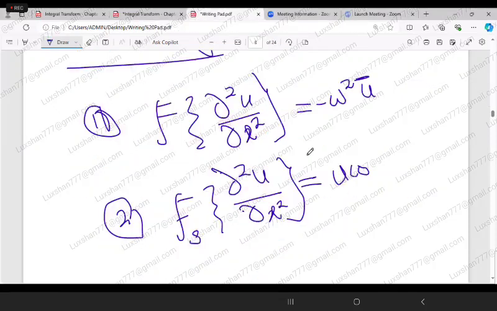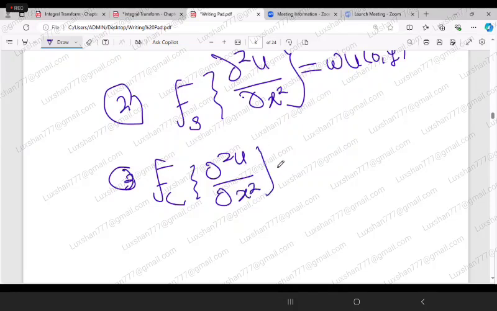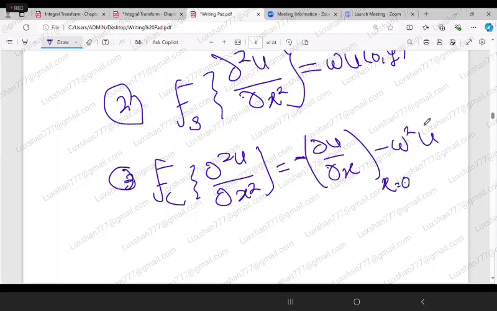Omega u, no? Omega should come. Omega u(0,y) minus omega squared u bar. Third one, Fourier cosine transform of the second derivative with respect to x is equal to minus ∂u/∂x at x equals 0 minus omega squared u bar.